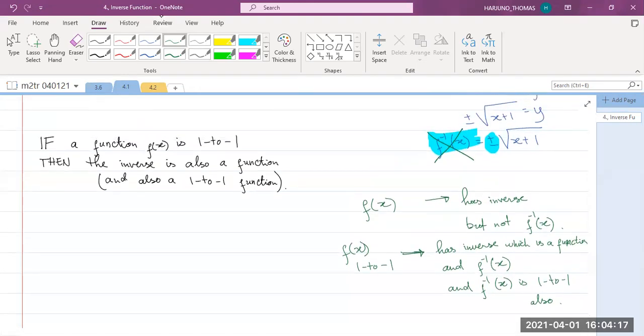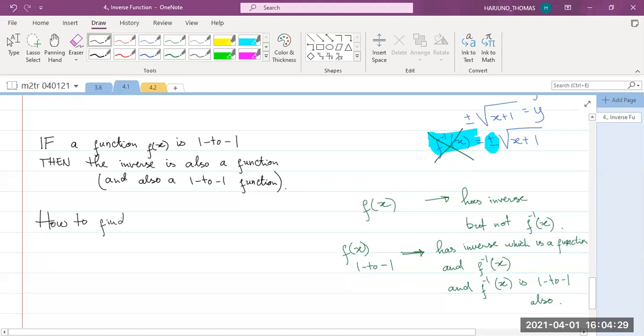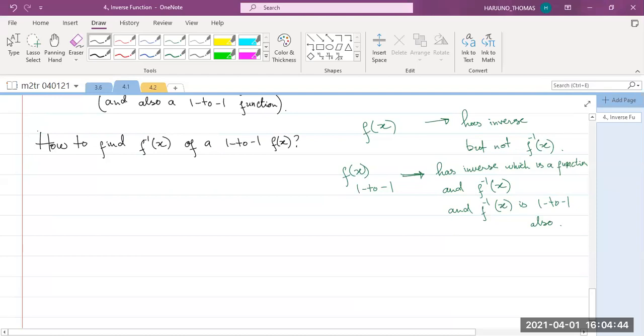Now, what I want to do now is to show you how to find the inverse function of a one-to-one function. In my lesson, you have to use this four-step procedure.